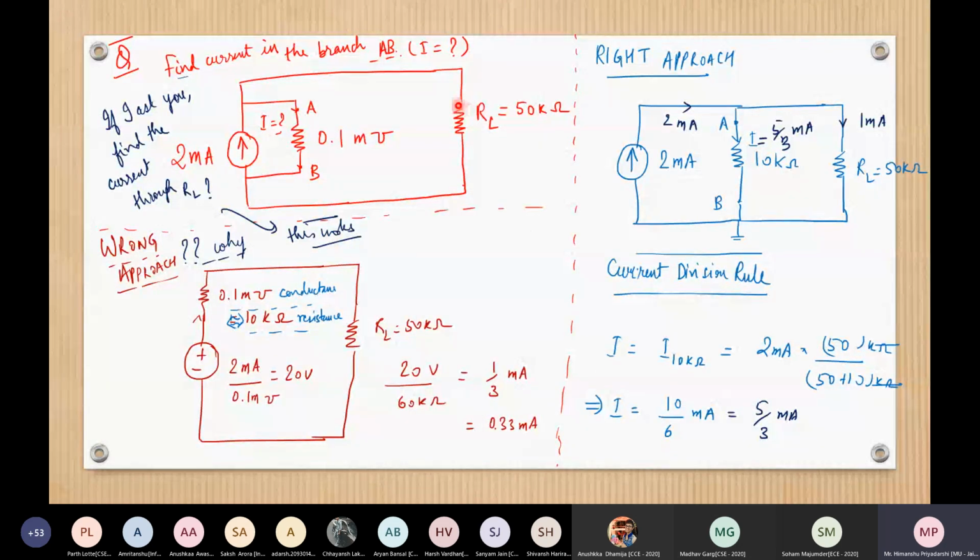See, in the first question, I was interested in finding this current. So when I am interested in finding the current in a resistor, listen carefully, I am saying very slowly, I should not change the electrical parameters which were representing it.